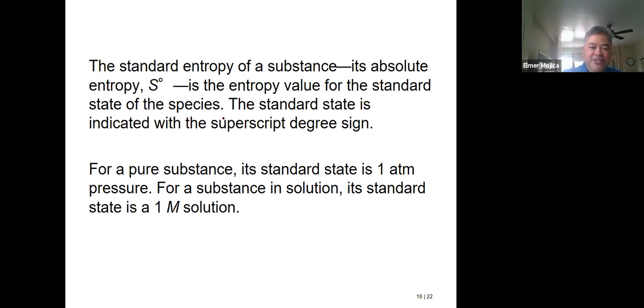The standard entropy of a substance, or its absolute entropy, is the entropy value for the standard state of the species. It's the same thing as the standard enthalpy. That's what you have when you have a standard state, 1 atmosphere pressure, and 1 molar solution if you have it in terms of solution.